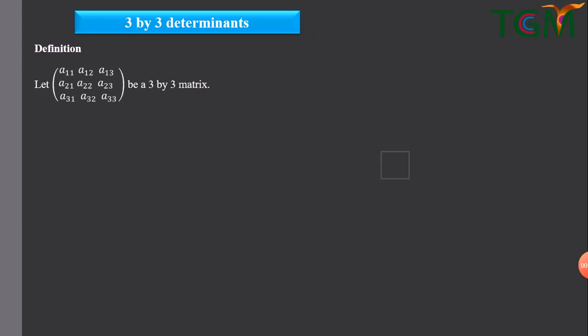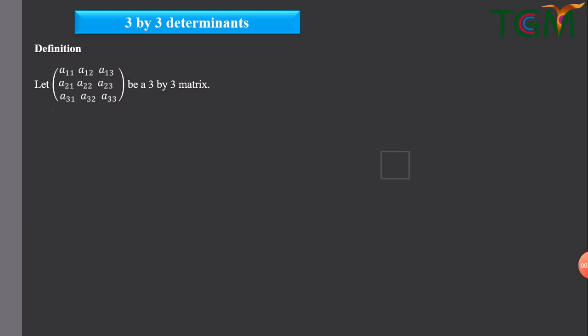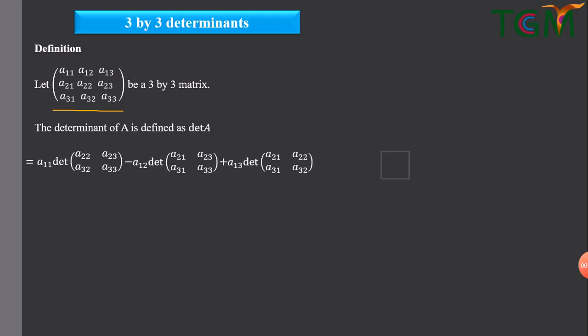If we let this matrix be a 3x3 matrix, let's say this matrix is A, the determinant of A is defined as det A, which is equal to A11 times its determinant.